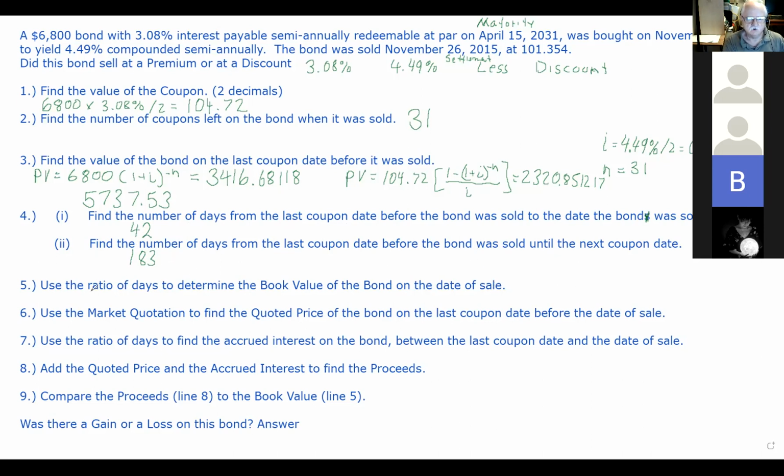So what we've got to do is take this number here, 5737.53, times 1 plus i to the power of 42 over 183.